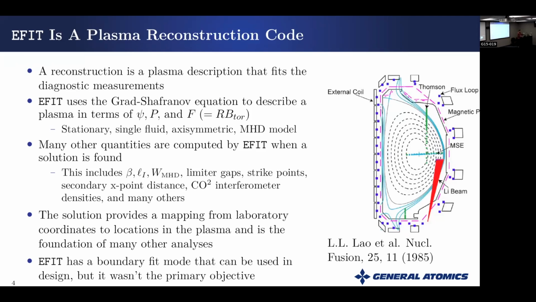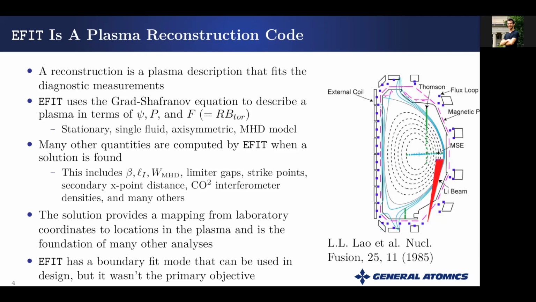Then once you've found the equilibrium, EFIT will compute a bunch of other plasma descriptive quantities. These are the beta, the Li, the stored energy, gaps between the plasma and the limiters, strike points, secondary X points, many other things that people find useful for describing an equilibrium.